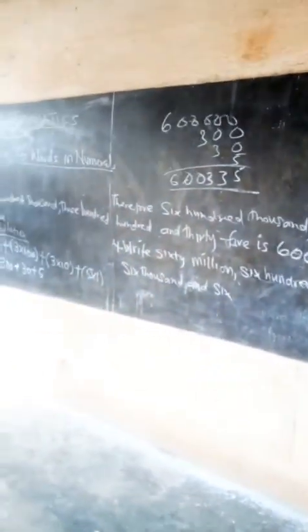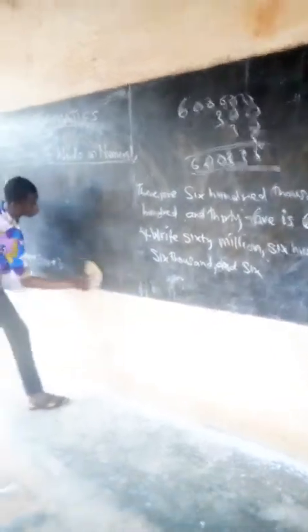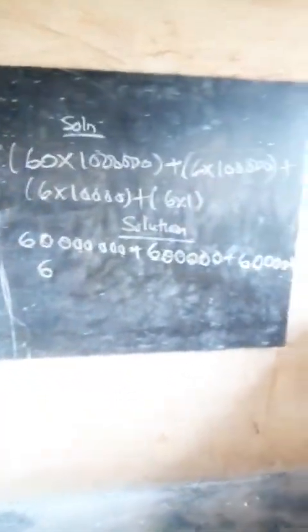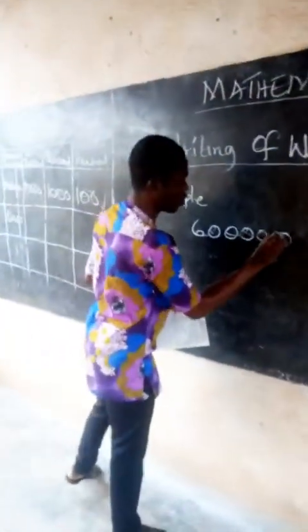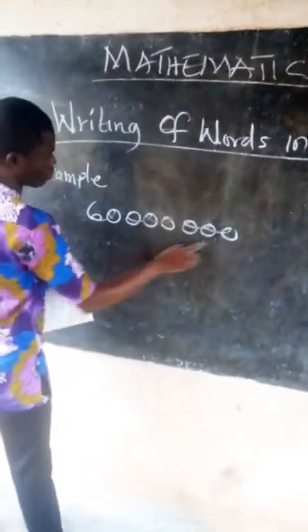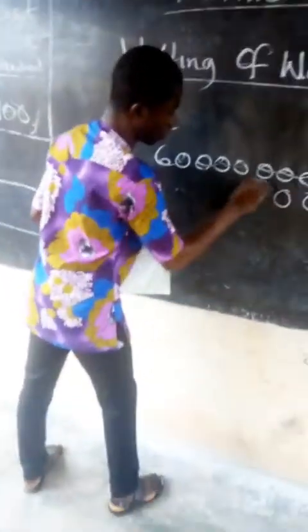Our answer, which is 60 million, 100,000. 1, 2, 3, 4, 5, 6.